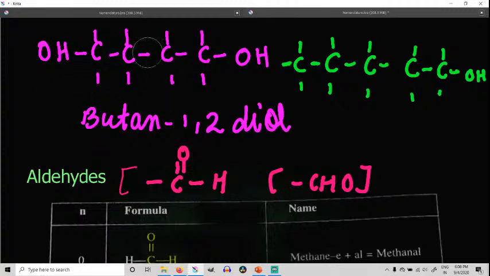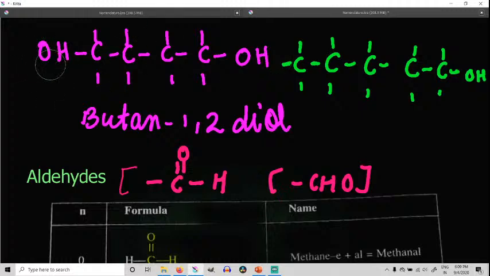Now we have a bigger pointer. You can easily see the pointer moving. Visible or not visible? Tell me, beta.